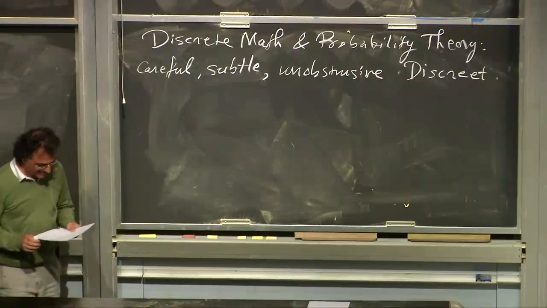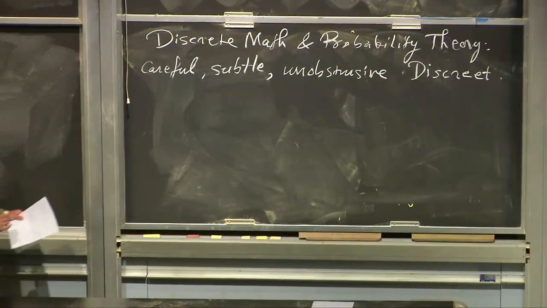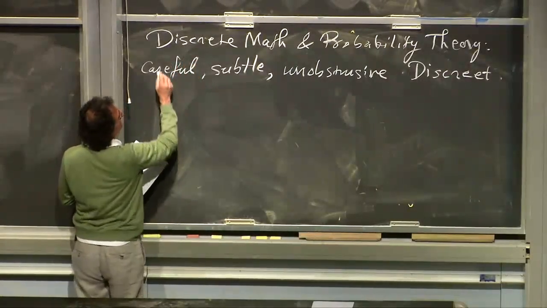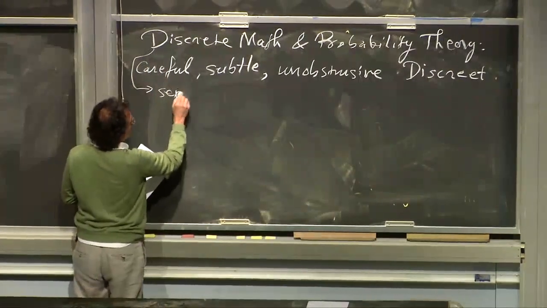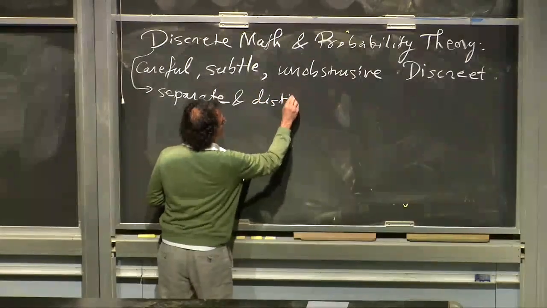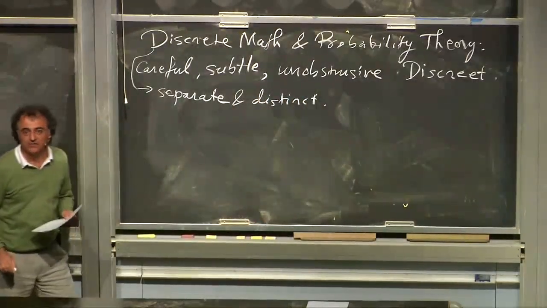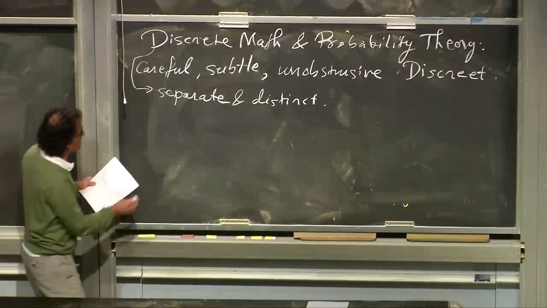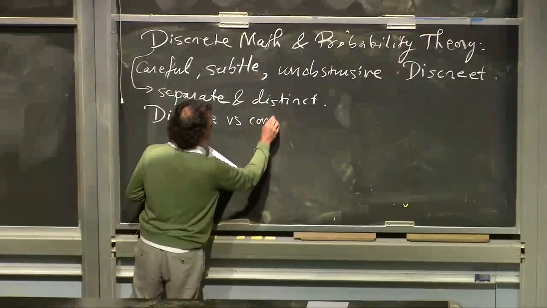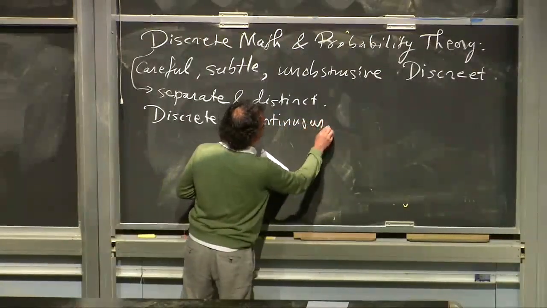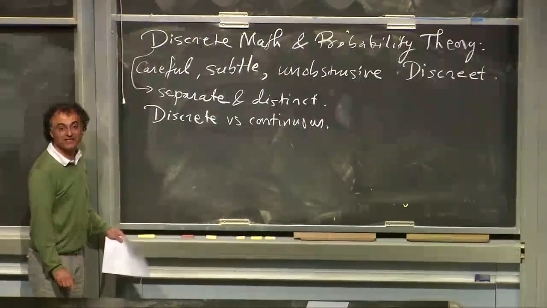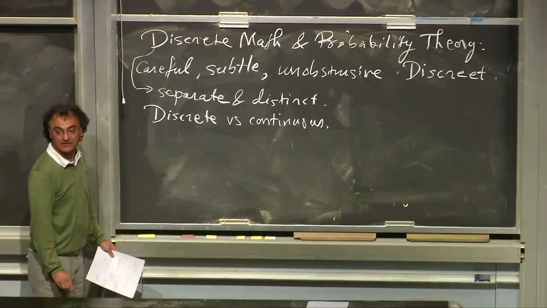Okay. So, discrete means separate and distinct. Okay, so you should think of discrete versus continuous. For example, discrete would be something like the integers or the real numbers.